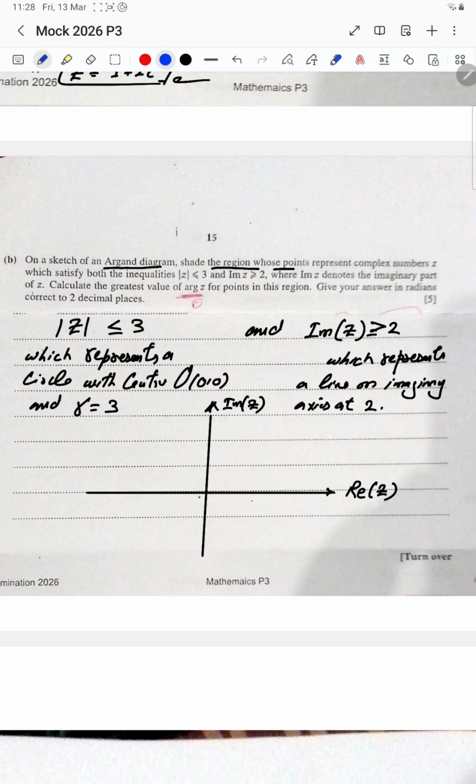This is the origin, which will be the center of the circle, and here say 1, 2, equal spacing, here say 3. Same goes here, -1, -2 and -3. Here 1, 2, 3, 4.